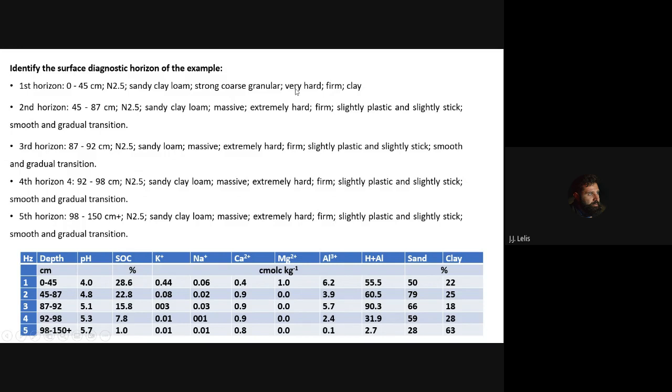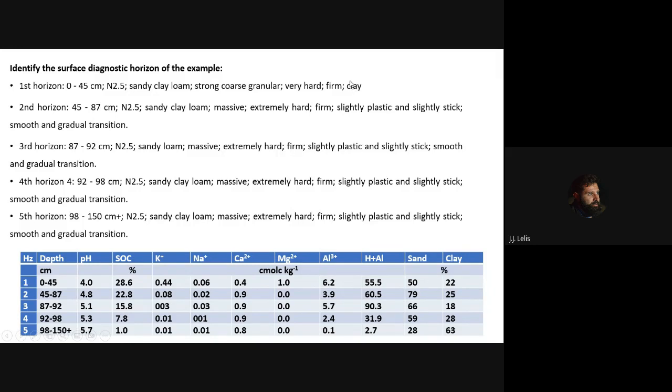The consistency of the horizon is very hard when dry, firm when moist, and present oh, I'm sorry, I think that something is wrong here, because clay shouldn't be here. Here we should present the consistency of this material when wet.